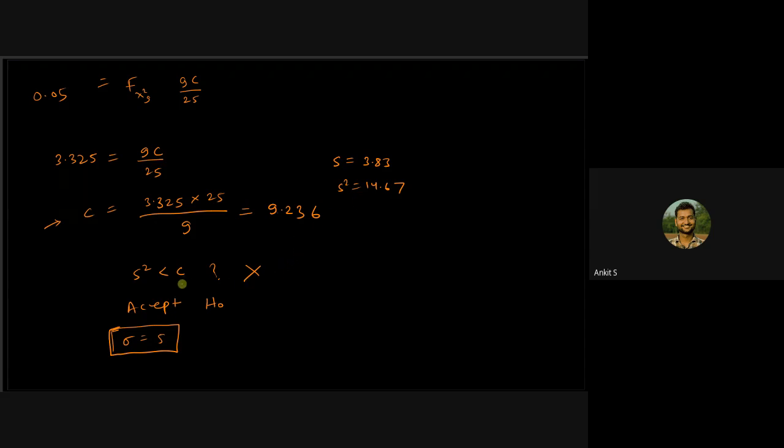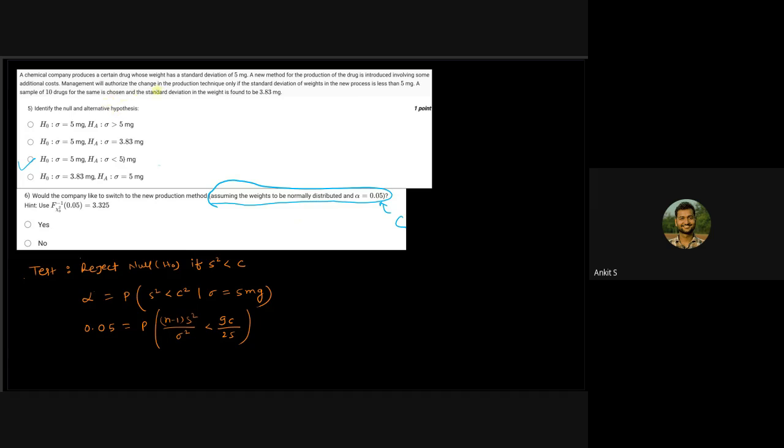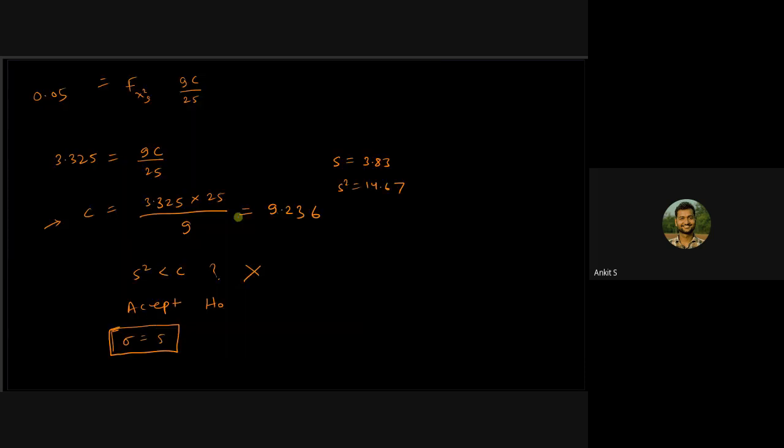So it is not less than C. If it would have been less than C, then we would have rejected the null, because if it is less than this, then we would reject it. But it is not less than, it is greater than, so we will accept null.